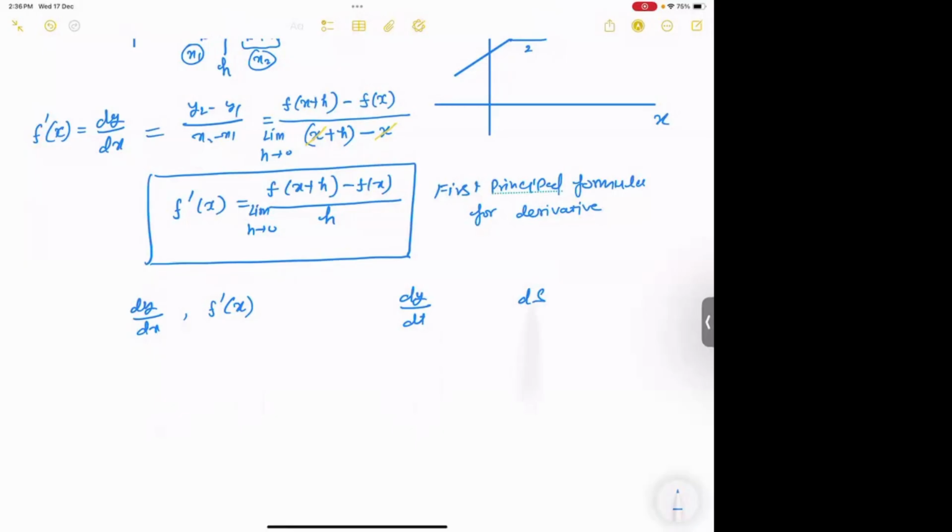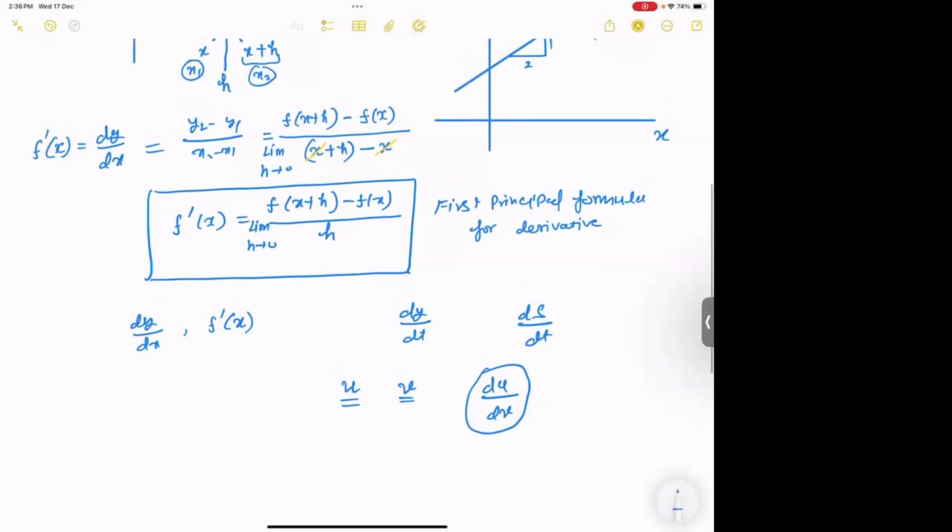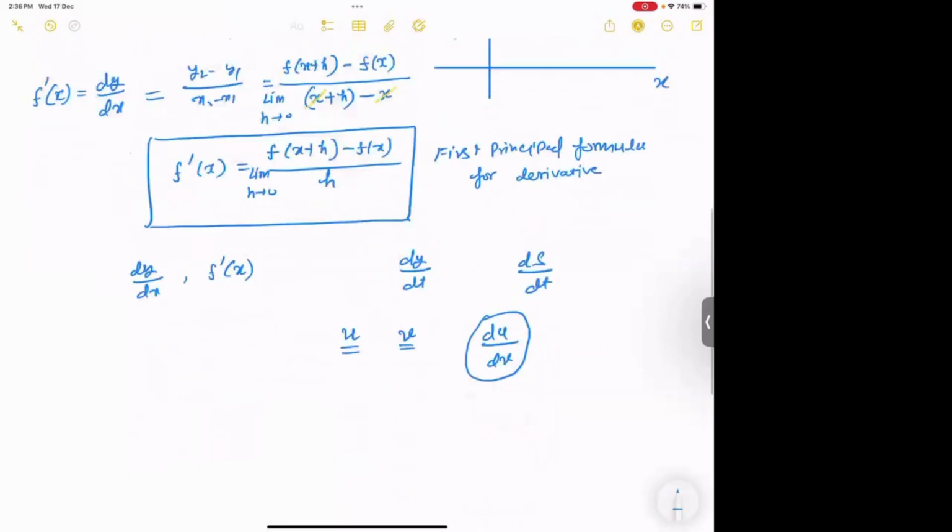We can write ds dt, depends. Let's say if two variables are v and u, so we can write v is independent variable, u is dependent variable. We can write du dv. So that is the change in u when v is changing.